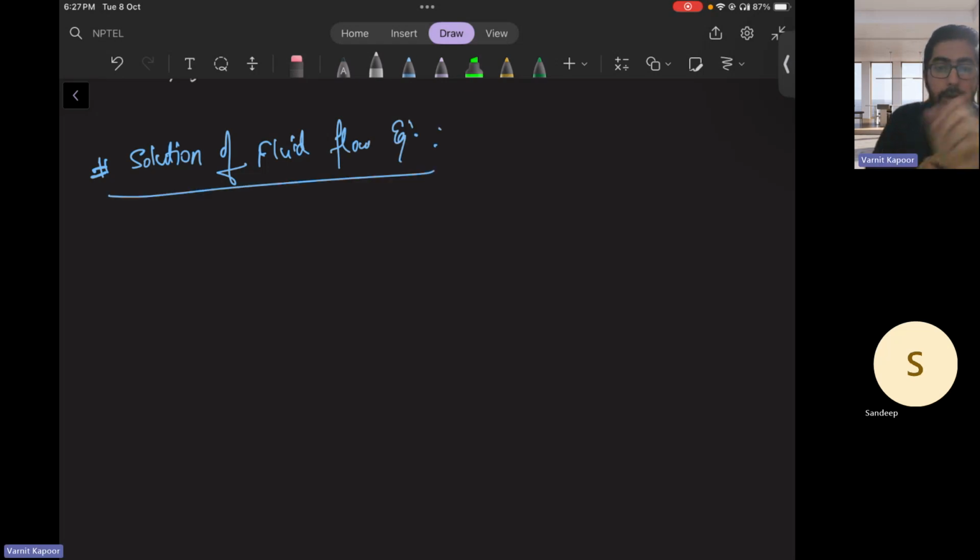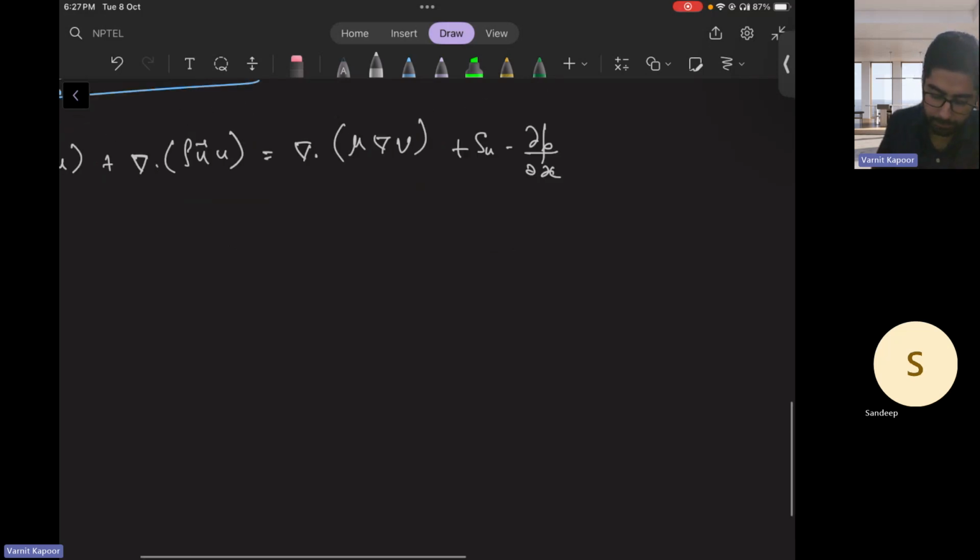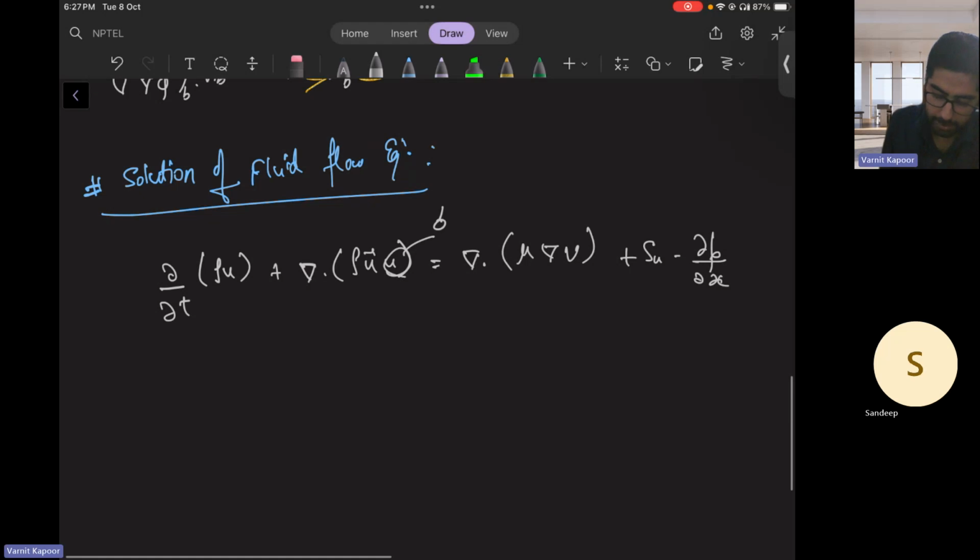If you have a general transport scalar equation like this, dou by dou t of rho u plus del dot rho u, in terms of fluid I'm saying now, so I'm writing the momentum equation, plus some source terms, minus dou p by dou x. If I want to write in the x direction, instead of a general property, the term here will be phi, but I'm writing in terms of u.